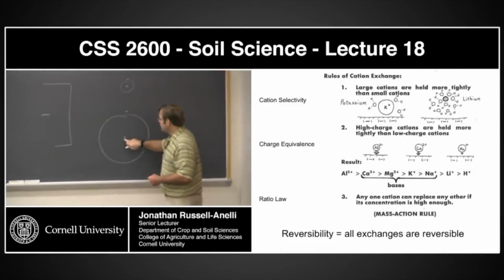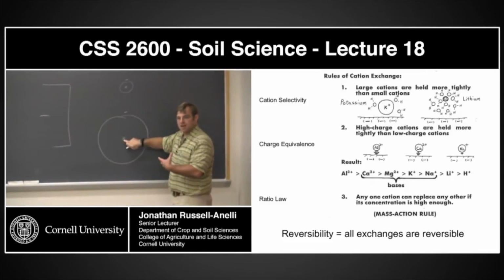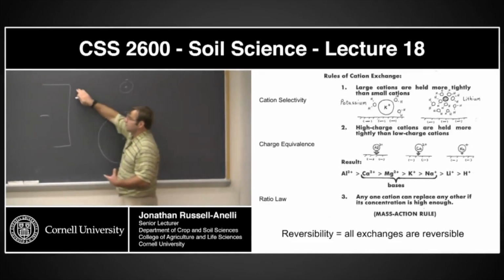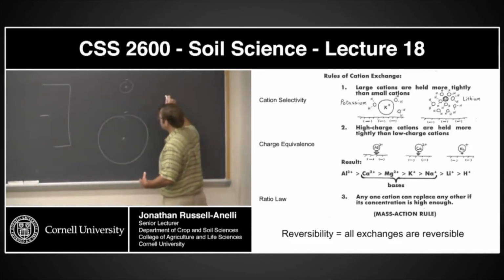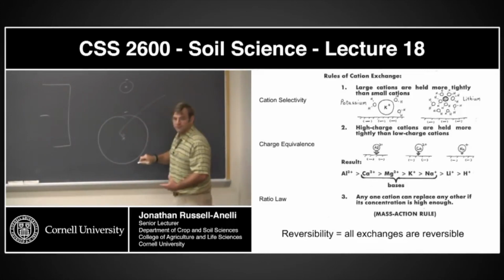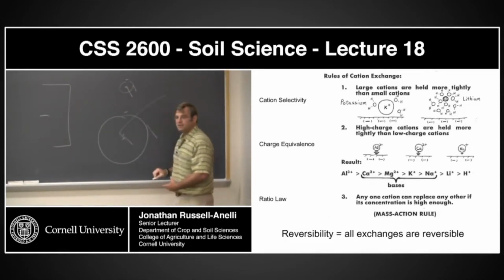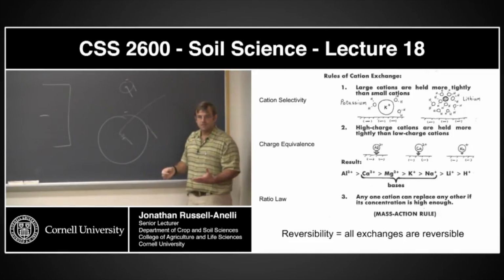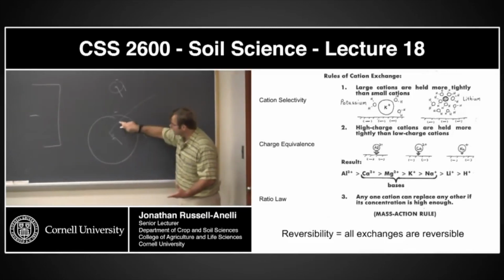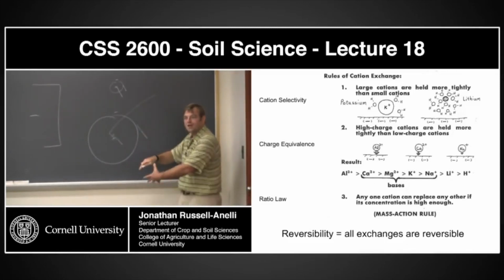So for these ions to be knocked off of this surface, the positive charge has to be knocked off. The distance here versus here is significant. So as a result, it's harder for that positive charge to get in here to knock that out.